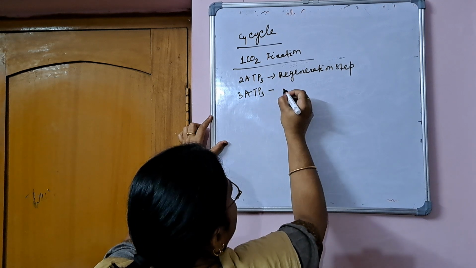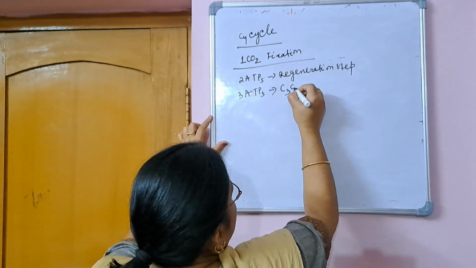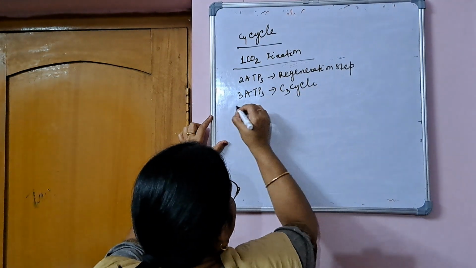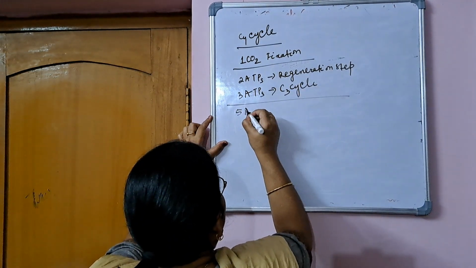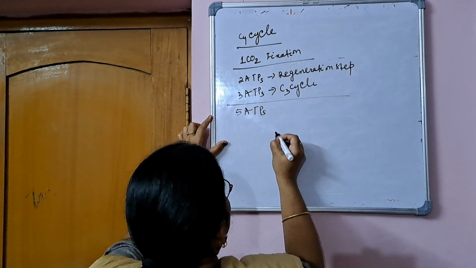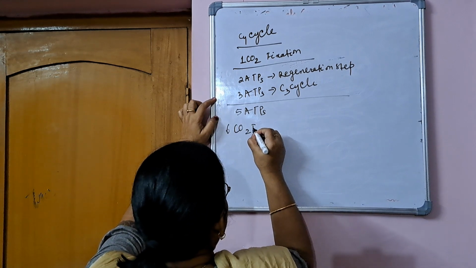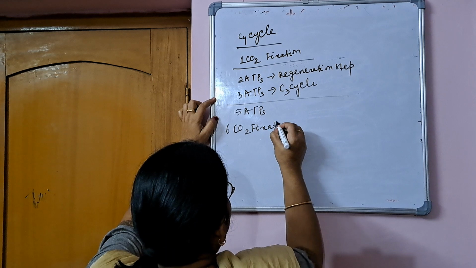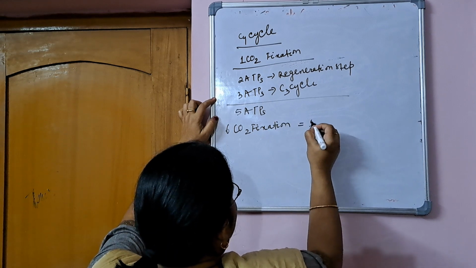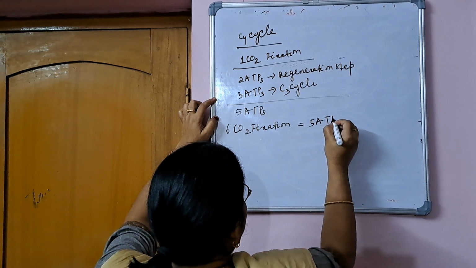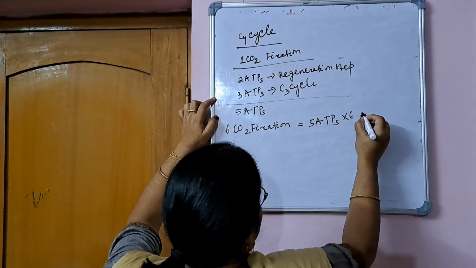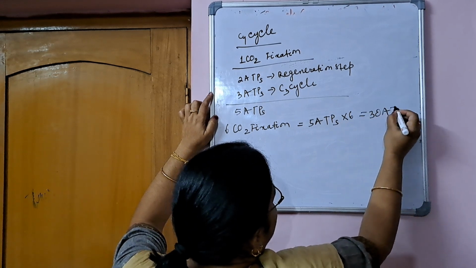You know this calculation from the C3 cycle. So in the C3 cycle it is used. So total 5 ATPs. Now for 6 CO2 fixation, 5 ATPs into 6, that is 30 ATPs are used.